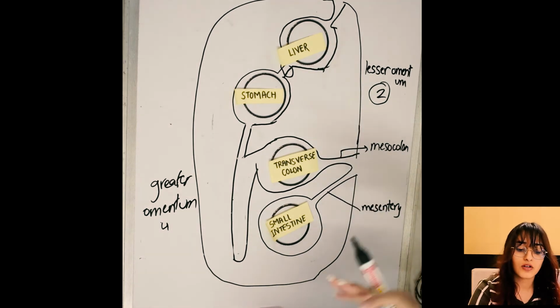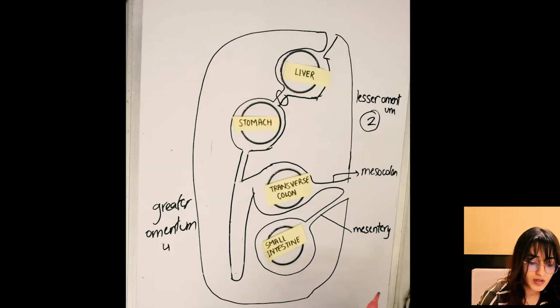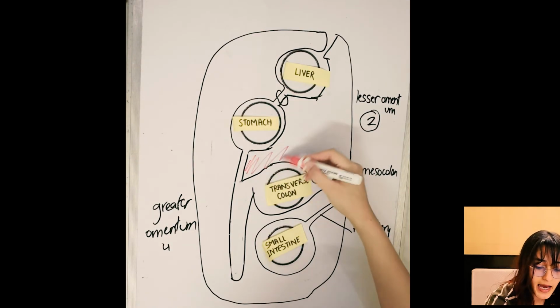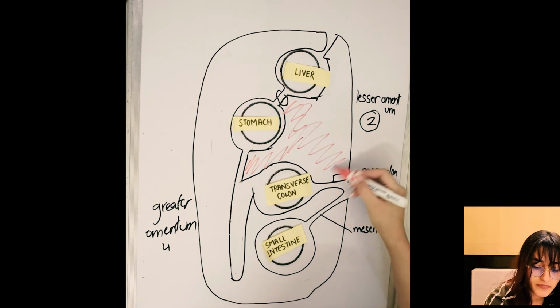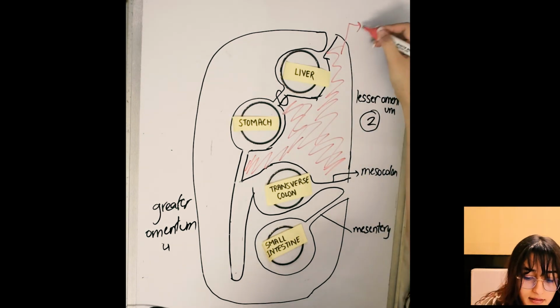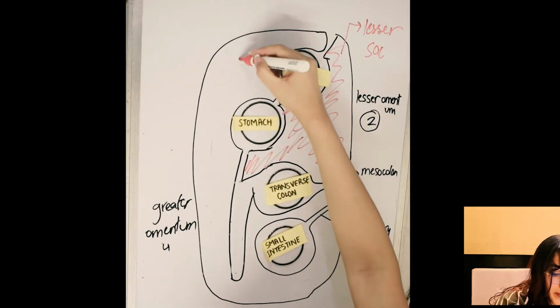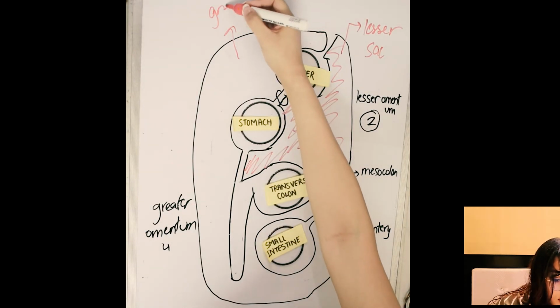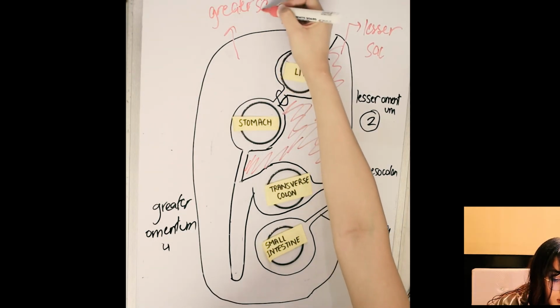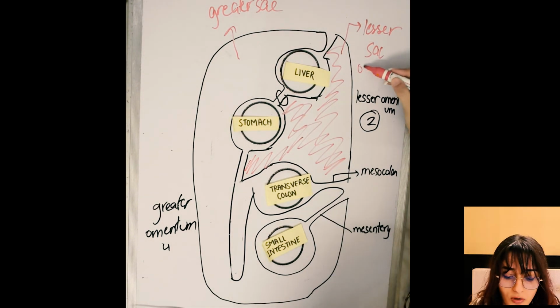Now remember, along with the liver and stomach, all this area behind the stomach up to here is your lesser sac. And the rest of this area of peritoneal cavity is your greater sac. Now lesser sac is also called the omental bursa.